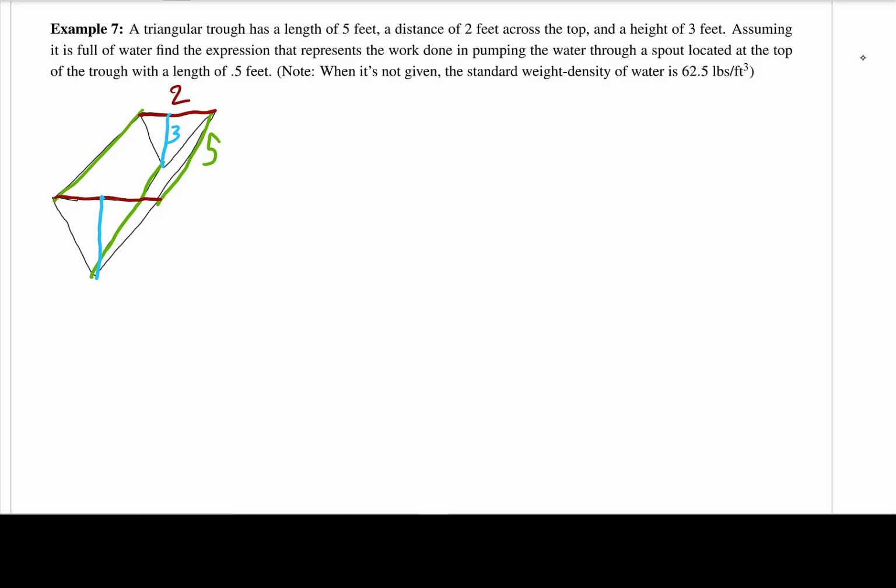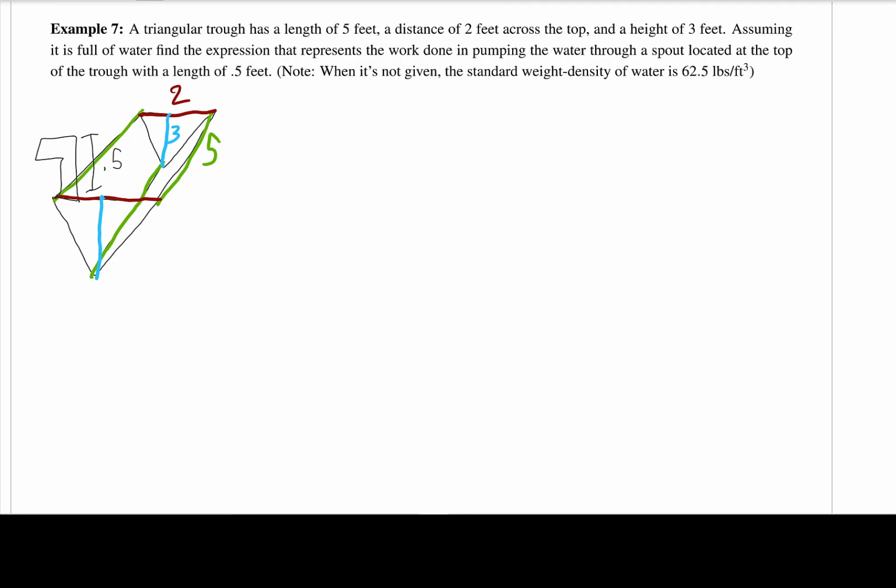Now, first we need to read the rest of the question, which tells us that there is a spout located at the top of the trough with a length of 0.5 feet. So I'm just going to draw this spout somewhere. There's my spout. This length right here is 0.5 feet.